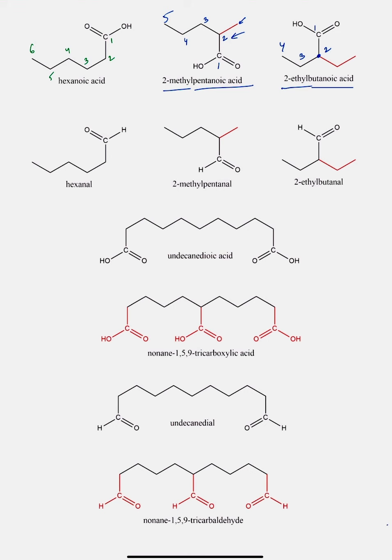Similarly, when you have aldehydes, what do you have? You start from the carbonyl carbon, so it's hexanal. What about this? You have 2-methyl pentanal. See, unlike alcohol where the name ends with OL, here the name ends with AL.